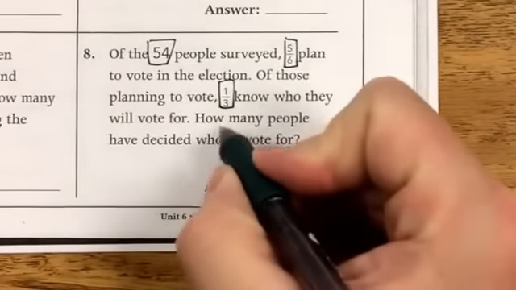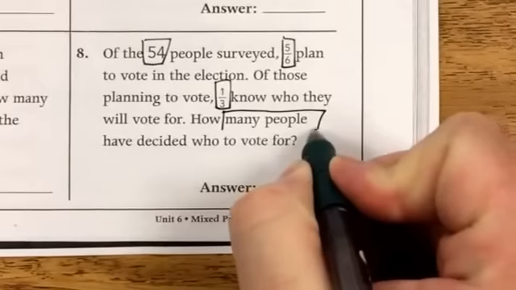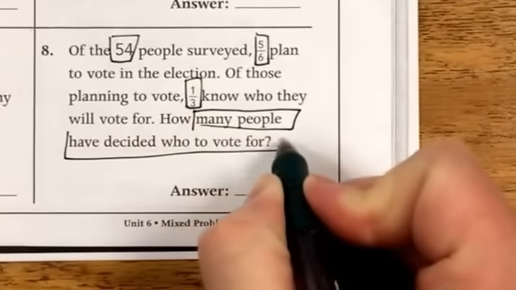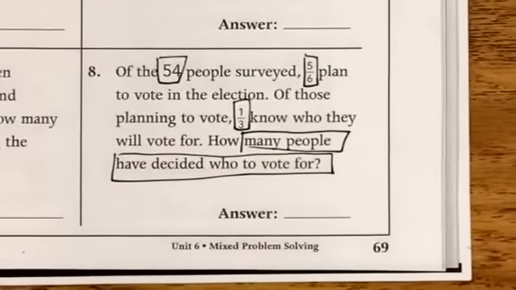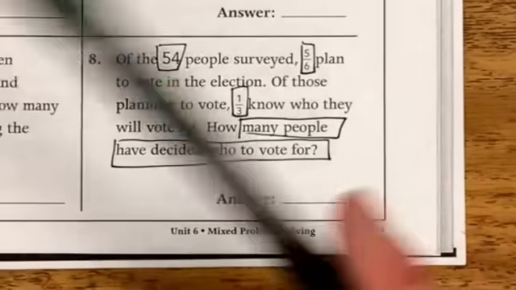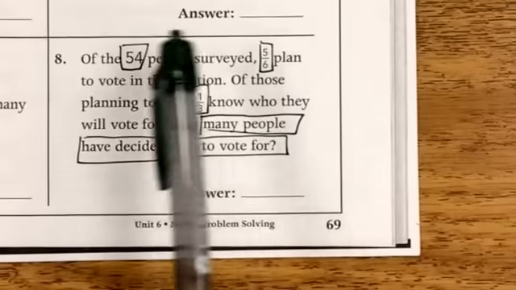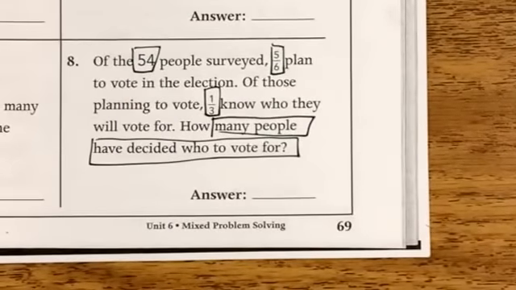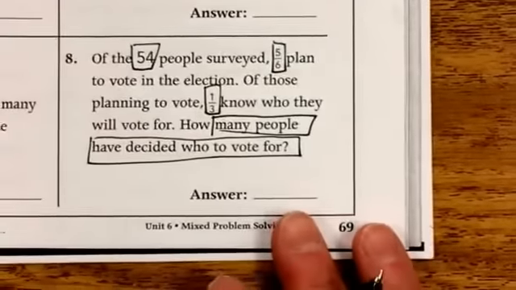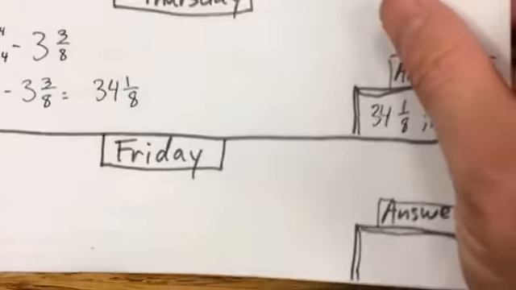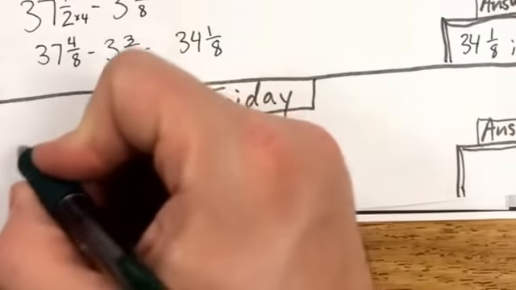How many people have decided who to vote for? So this is a two-step problem, guys. First, we have 54 total people. We know that 5/6 of that 54 total people plan to vote. So that's our first step. We need to figure out what 5/6 of 54 is.